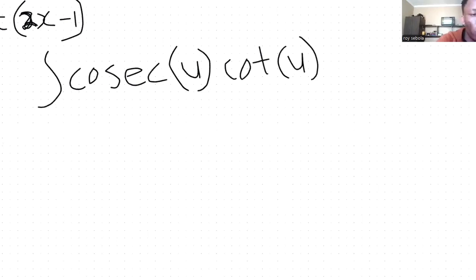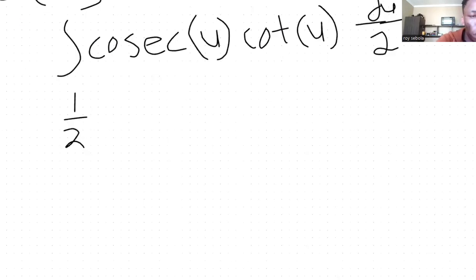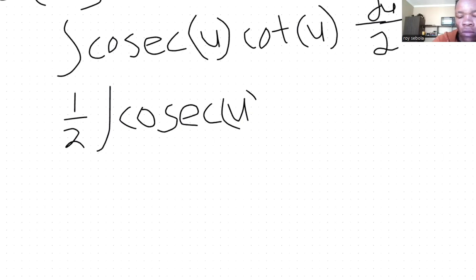We'll have 1 over 2 the integral of cosec u cot u du.